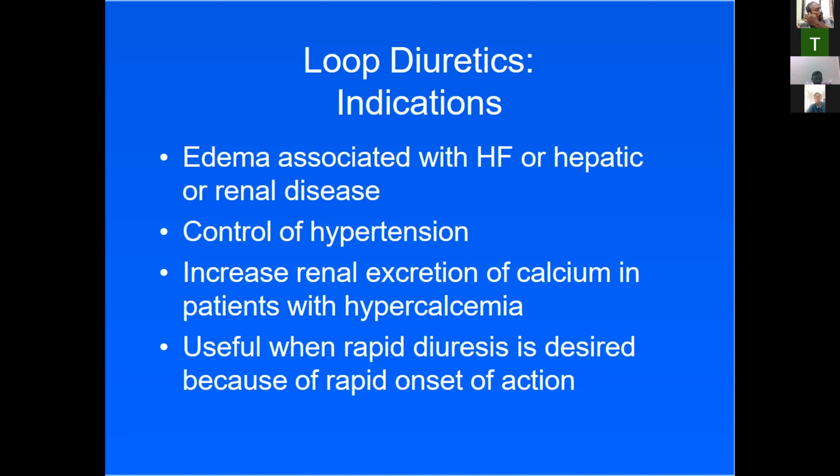Wherever the volume of calcium is high, when you give this drug, it will increase the renal excretion of calcium. It is useful whenever rapid diuresis is desired. Whenever you feel that more volume of water has to be taken out from our body, this loop diuretic helps, because it produces a rapid onset of action. That is, a faster action is felt.